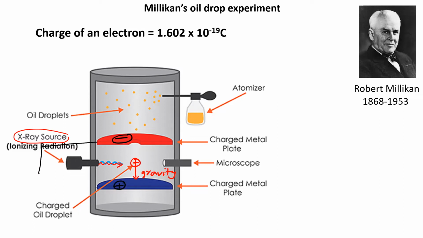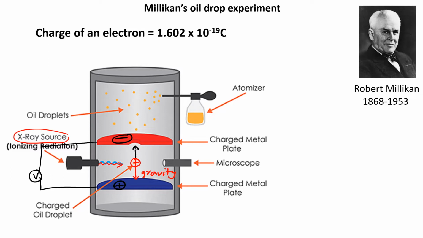And then he connected the power source, and he can measure the voltage from here. Just imagine when he provides this voltage, now this positively charged oil drop falling under gravity is getting attracted towards this red plate, which is negatively charged.